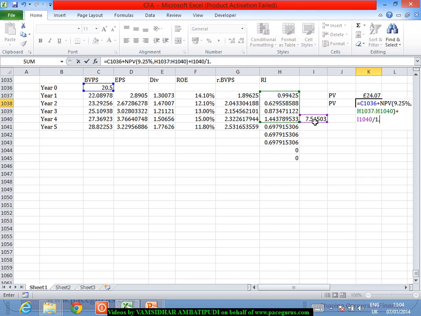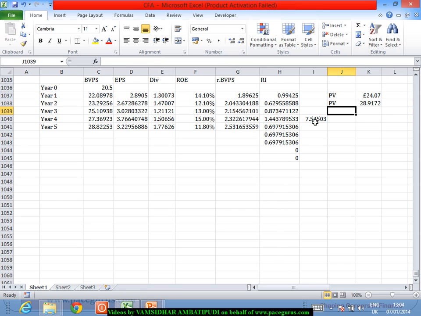So I am discounting it by 1.0925 to the power 4. If I assume that the RI is going to persist at the same level as that of the 5th year, the value of this particular equity security is going to be somewhere around 28.91. And if I am making, no, it will not persist at the same level, but it will drop down.